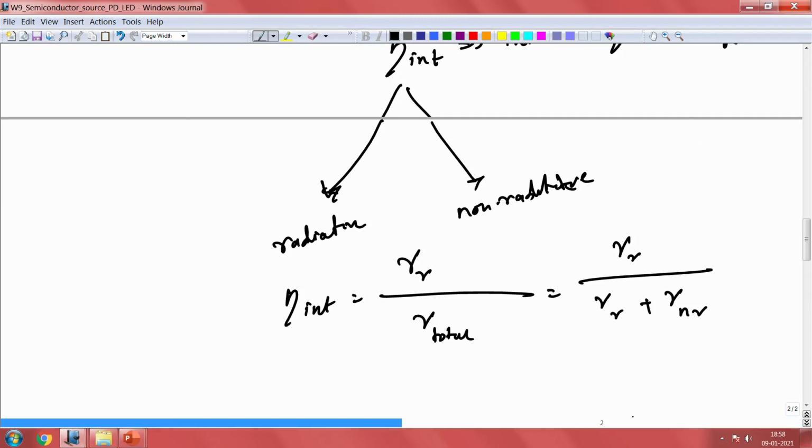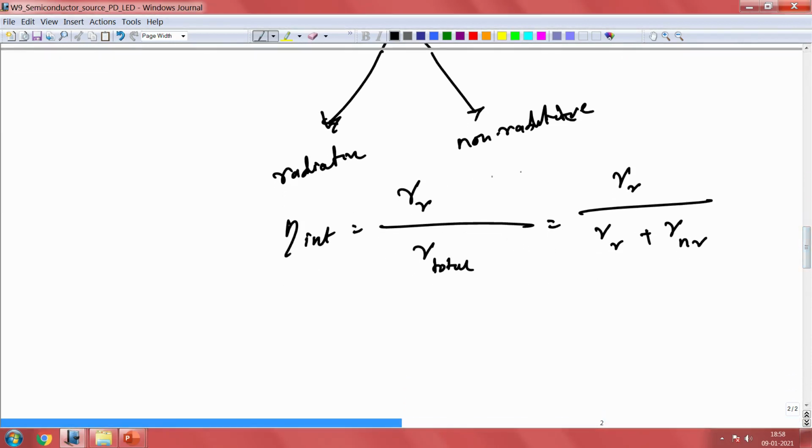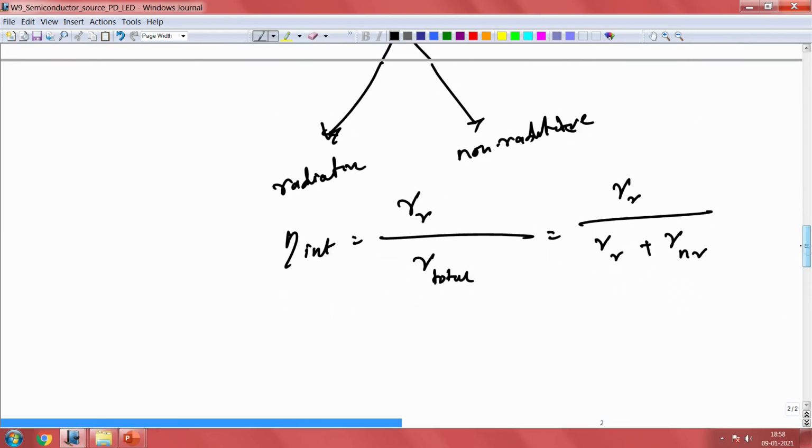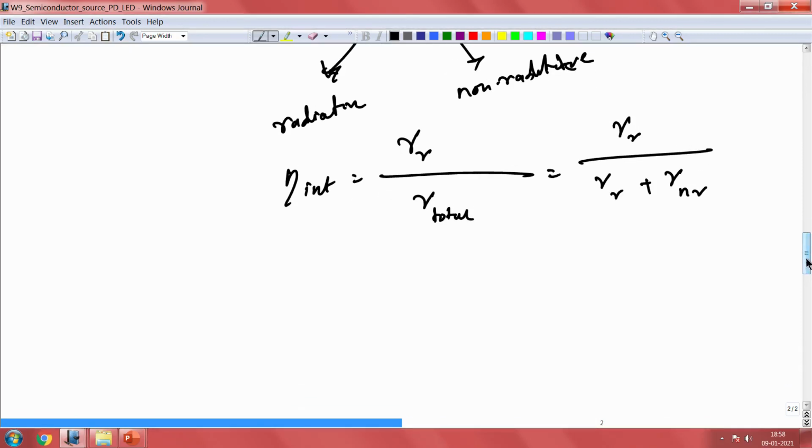So, this is the factor that defines this internal and external quantum efficiency. The other important factor is about this radiative recombination and non-radiative recombination rates. So, they depend on the lifetime of the carriers in the system. Okay. So, what you can write is the radiative and non-radiative lifetimes are going to be important.